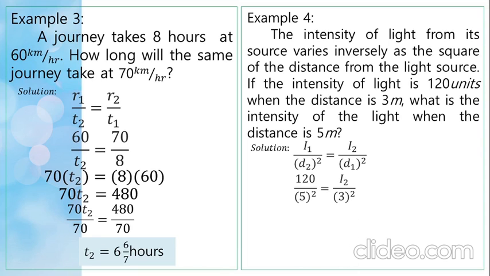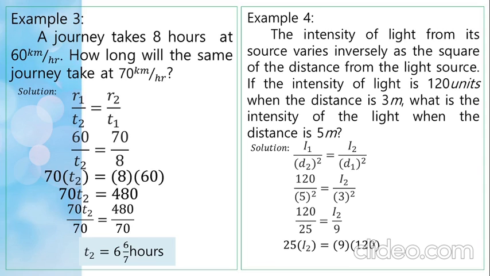So by substitution, I sub 1 is 120 over the square of d sub 2, wherein d sub 2 is equal to 5. I sub 2 is unknown, while d sub 1 is 3. Therefore, we have the square of 3. Then, we have 120 over 25 equals I sub 2 over 9.